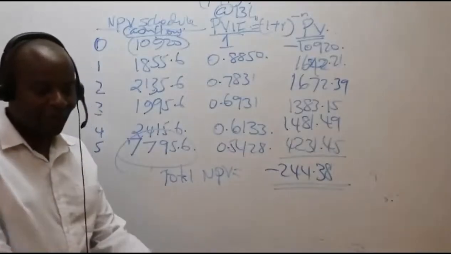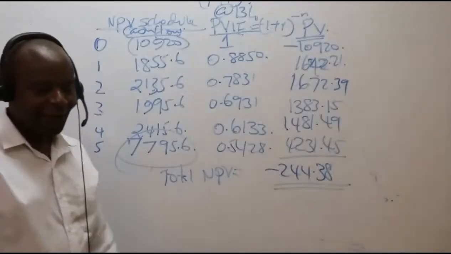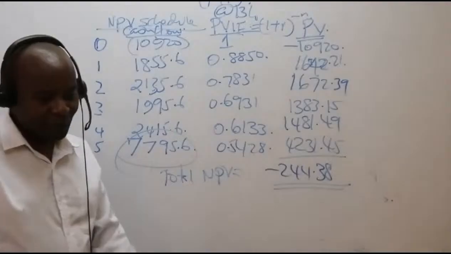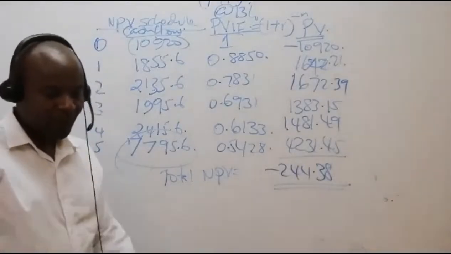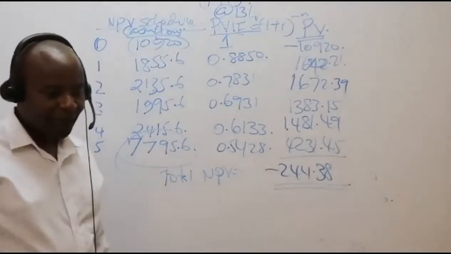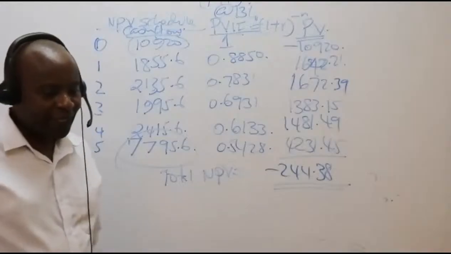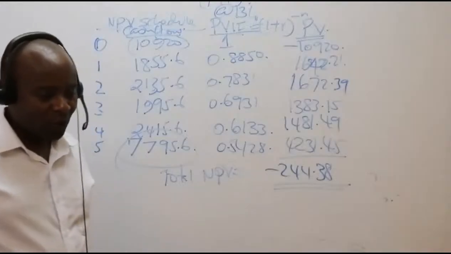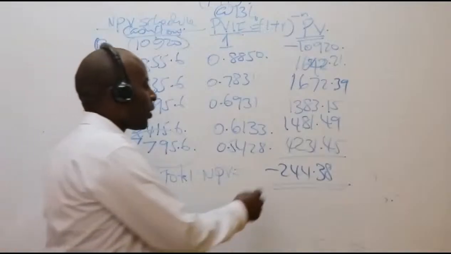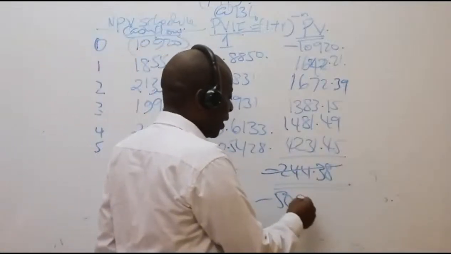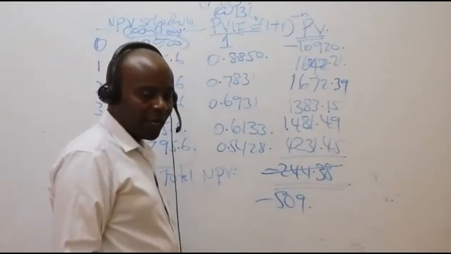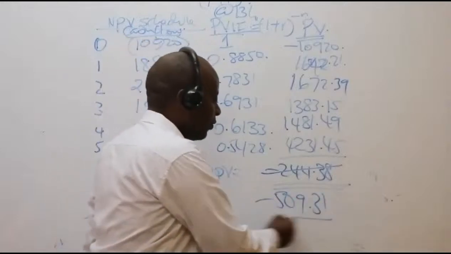Another one says negative 509. I don't know why they're getting different answers. 510 and 509, those are the same. 513, I'll still give you. Quite close. So most students are saying no, this is supposed to be negative 509.